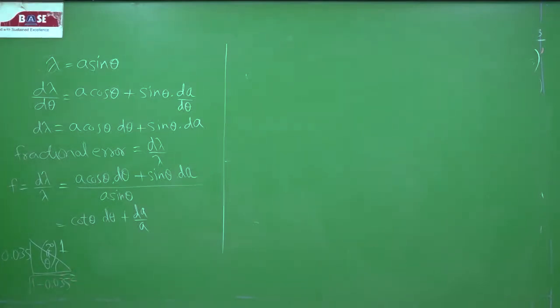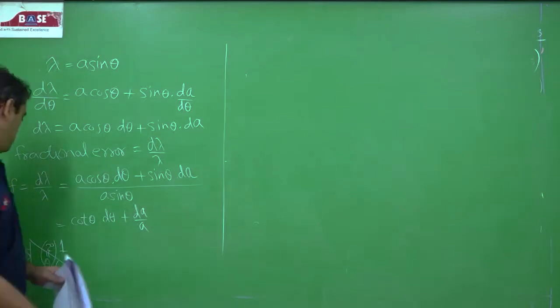So cot theta here will be adjacent side divided by opposite side, so this divided by 0.035. We can substitute that for cot theta, and then d theta will be 2 by 3 degrees, right? So we have to convert that into radians as well. So let's take care of all these things.